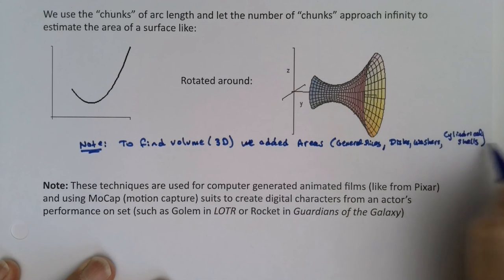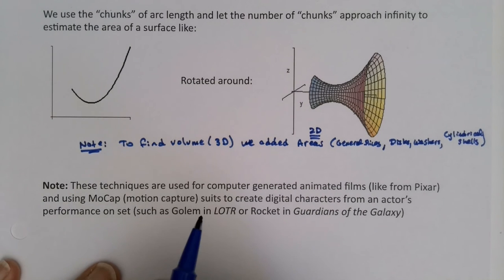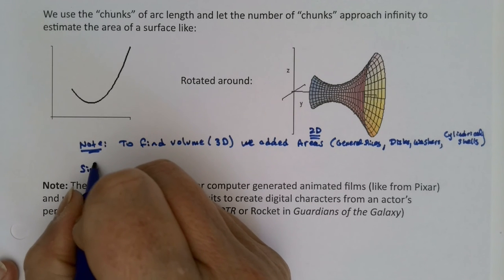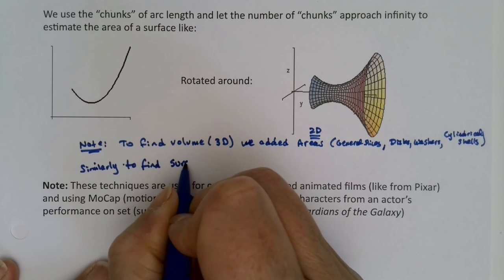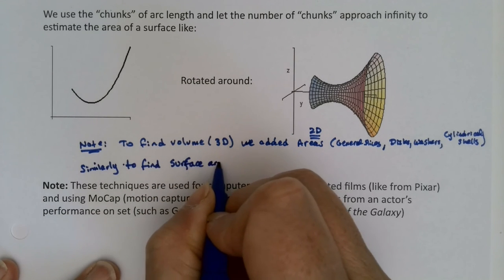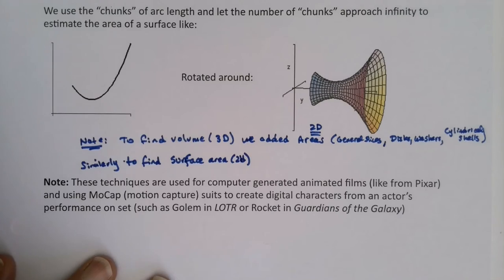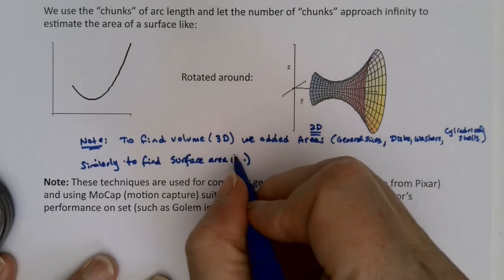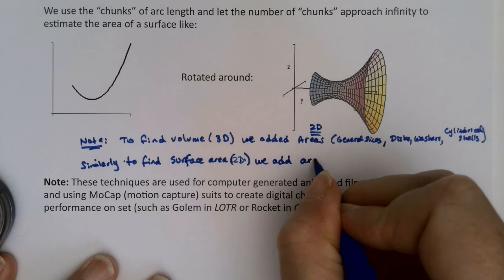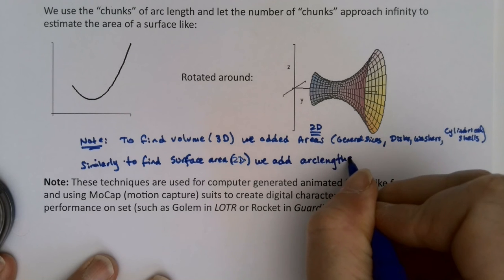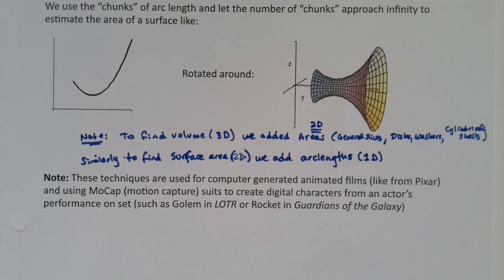So we add 2D areas to find the three-dimensional volume. Similarly, to find surface area, which is a two-dimensional thing, we will stack up, we add arc lengths, which is a one-dimensional thing.